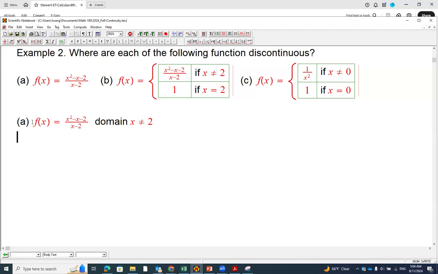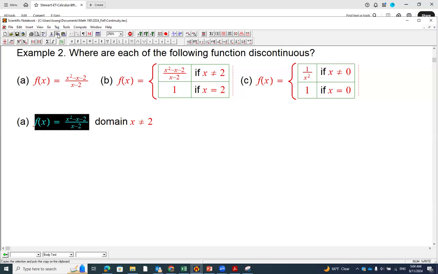Well, this is a rational function. It has limits everywhere in its domain, right? We have that in our limit definition, and it's also simple substitution.